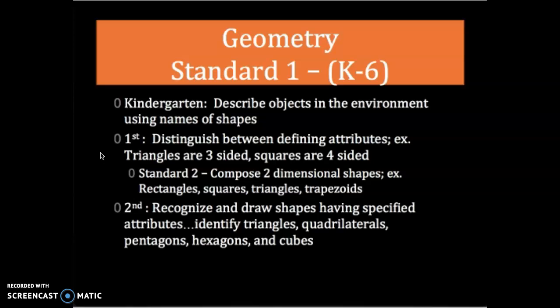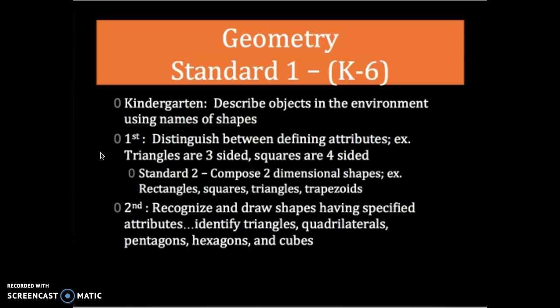In addition, there's a standard 2 component that does help standard 1, and that's present in 1st grade. And so that is where students have to be able to compose 2-dimensional shapes. So they have to be able to draw a rectangle, draw a square, and draw a triangle. In grade 2, they need to be able to recognize and draw shapes having specified attributes.